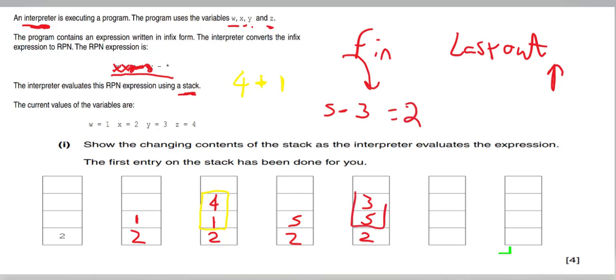So we take these 2 out, remember. We use this operator, which is now gone. So our stack has 2, and it has 2. The last thing we've got is a multiply. So 2 multiplied by 2 equals 4. And there we go.